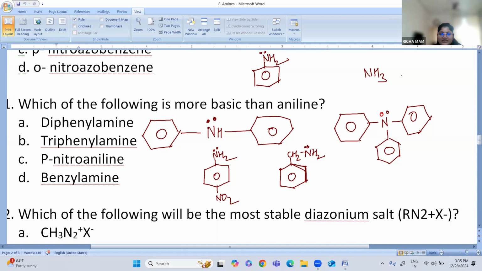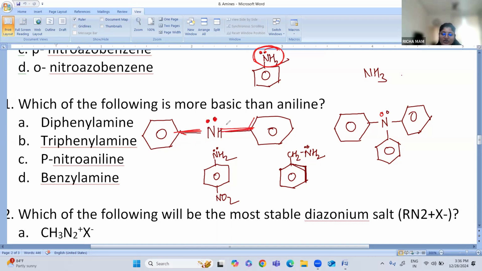Now when you see these structures, in aniline, nitrogen is free here. It can easily donate the pair of electrons. Now in your diphenylamine, you can see that the electrons are not free. They are involved in conjugation.